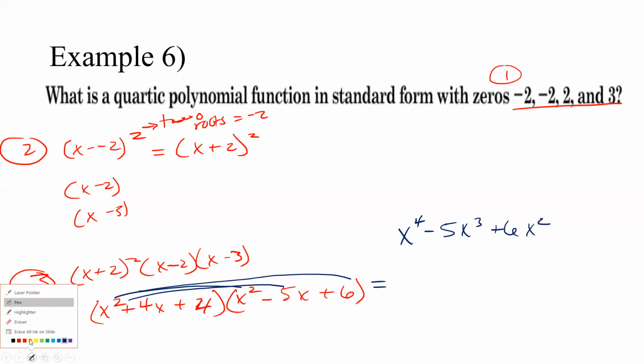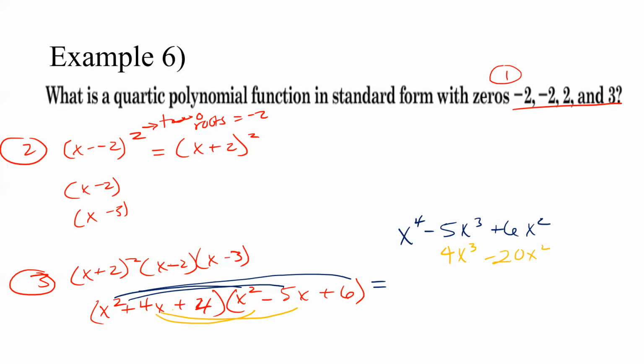Okay. Now we're going to do the next term. So 4x times x squared is 4x cubed. Notice how I'm lining it up with this like term. 4x times negative 5x is negative 20x squared. 4x times 6 is 24x.